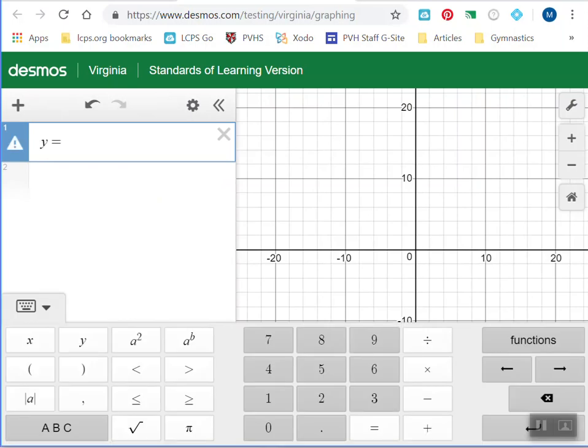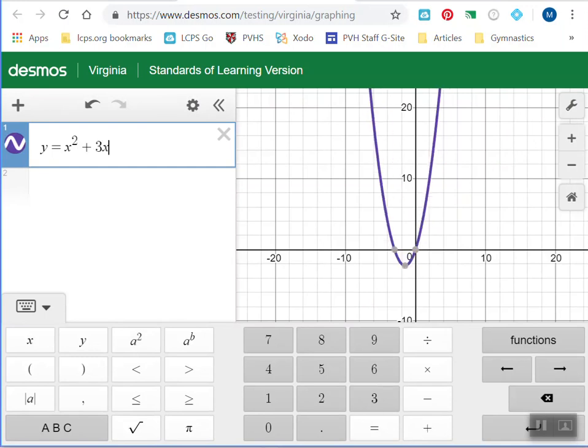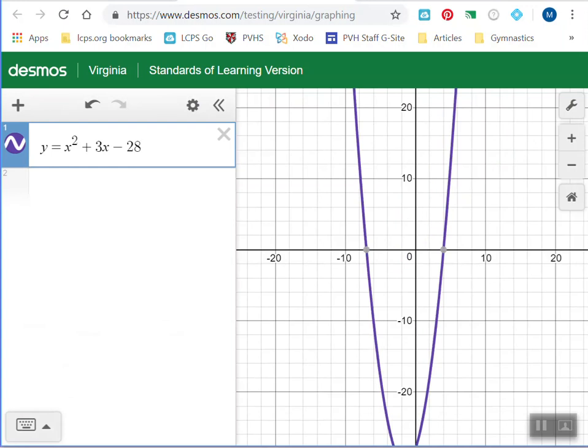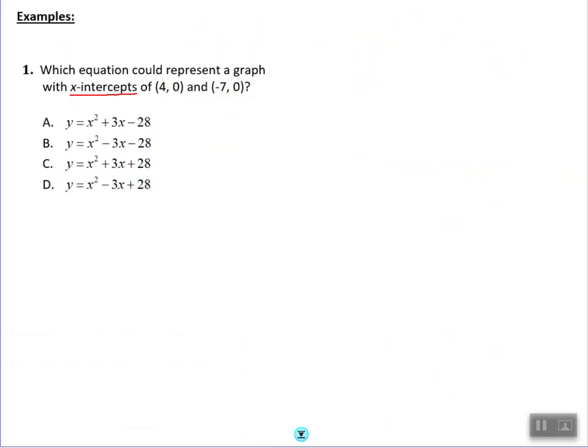The first answer choice was y equals x squared plus 3x minus 28. If I click on these x-intercepts, it will tell me exactly what those are. I have (-7, 0) and (4, 0), which is what it asks for in our question.